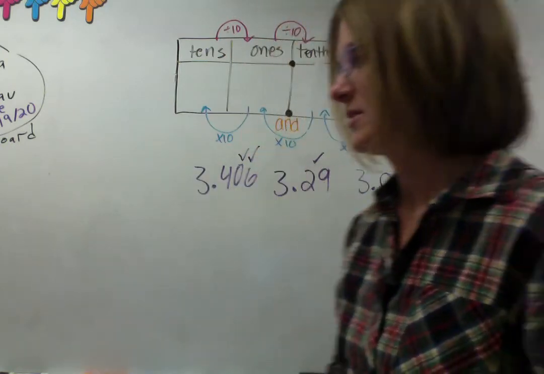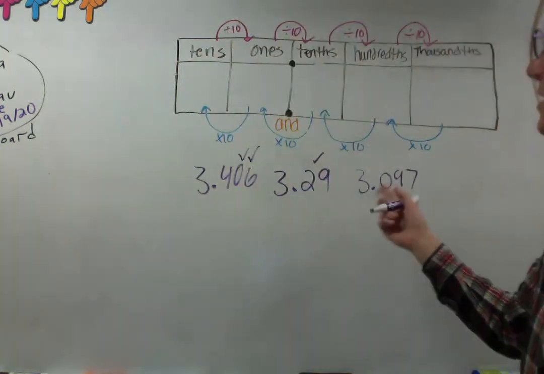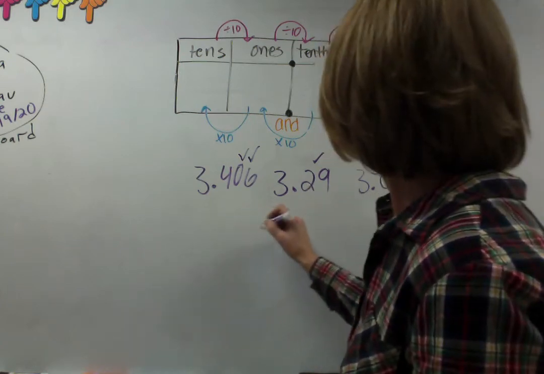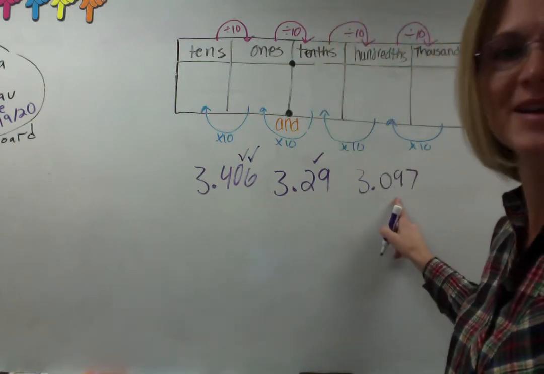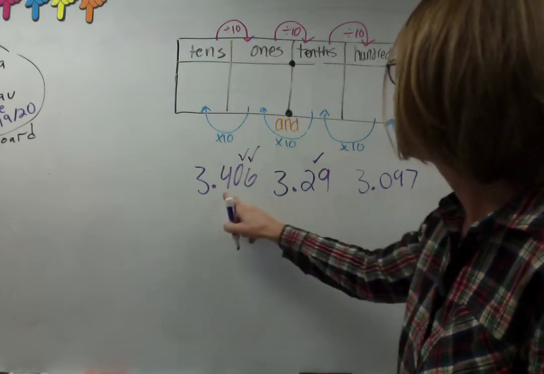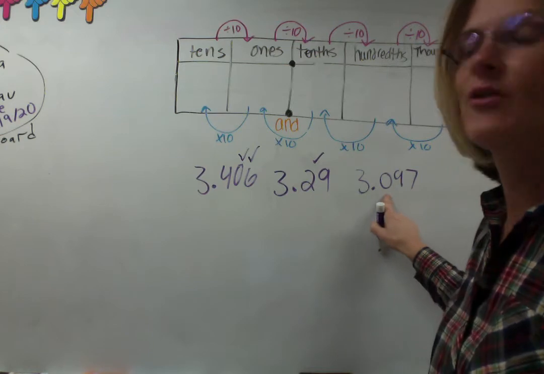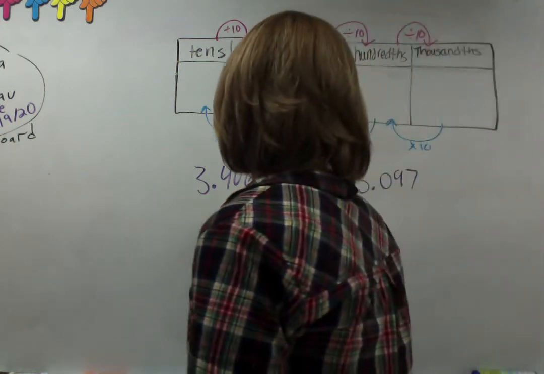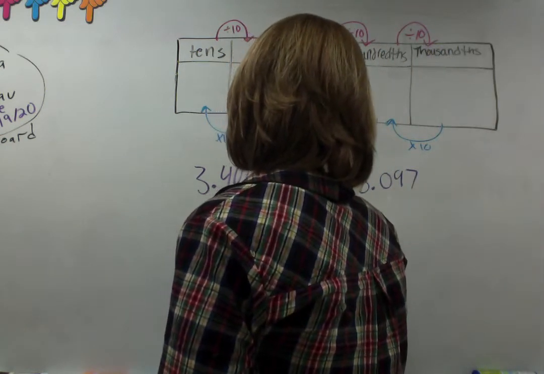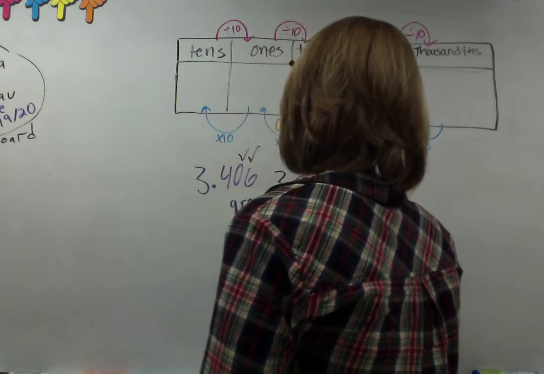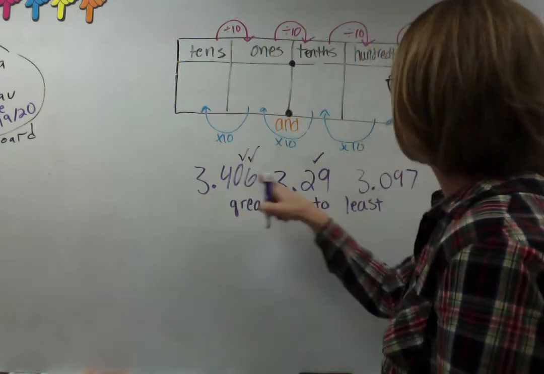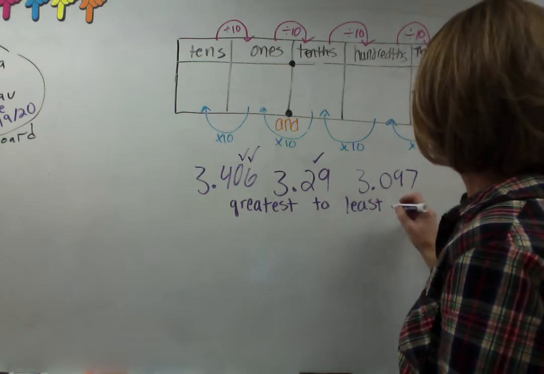So if I was putting this in order from greatest to least, it's actually already in order from greatest to least. I didn't even do that on purpose. This one's the greatest, this one's next, and this one's the least. Okay, so this is greatest to least. Most value, next most value, least value.